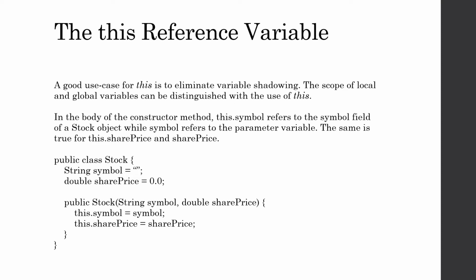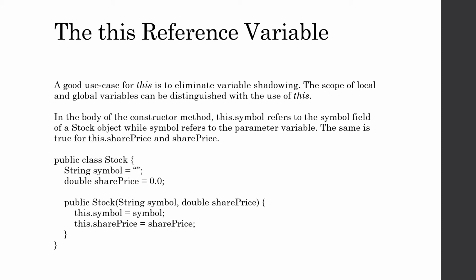If we're not careful, this would result in variable shadowing, where within that constructor method, every time we use symbol or sharePrice, it would think that we're talking about the parameter and it wouldn't understand that we mean the field. To fix this, when we get into the body of this constructor, we're going to do this.symbol equals symbol. So this.symbol means the field, symbol by itself means the parameter. And then for the next line, this.sharePrice means the field, and sharePrice by itself means the parameter.